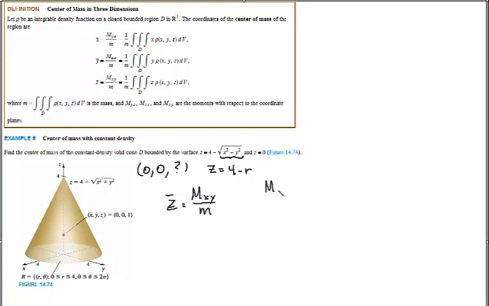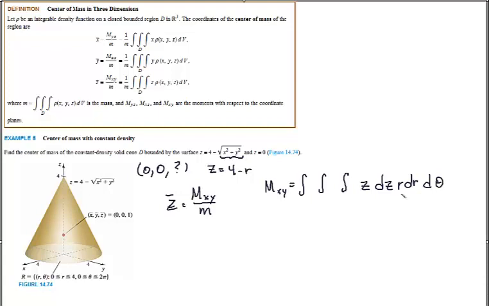So I'm going to need to find moment xy. This is going to be a triple integral, and it will be z and then dz, r dr, and then d theta.